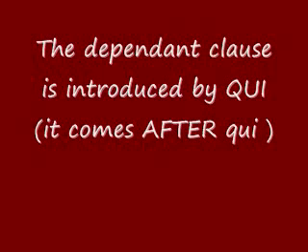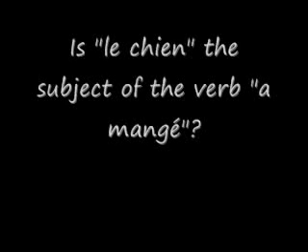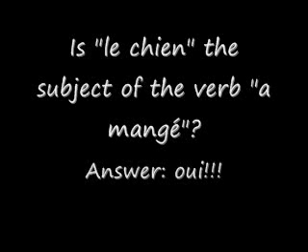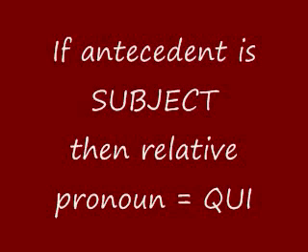So we ask ourselves, is le chien the subject of the action in the dependent clause? In this case, yes. It is the dog that ate the candy. So it is the one that did the action of eating. In this case, le chien is the subject, and we will use qui as a relative pronoun. And here is the formula.